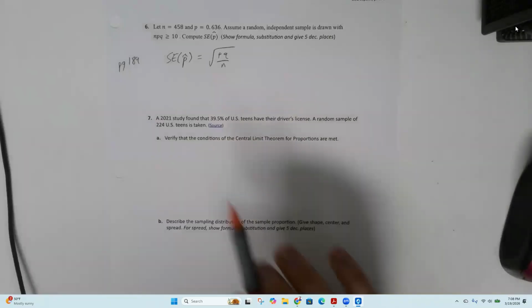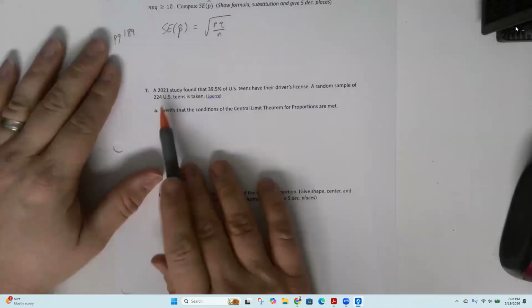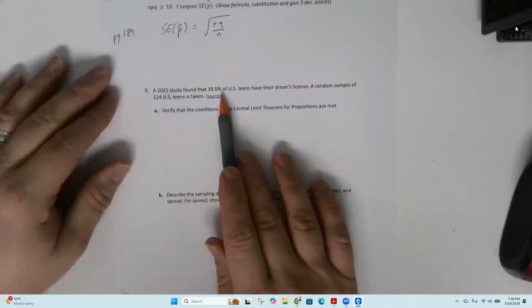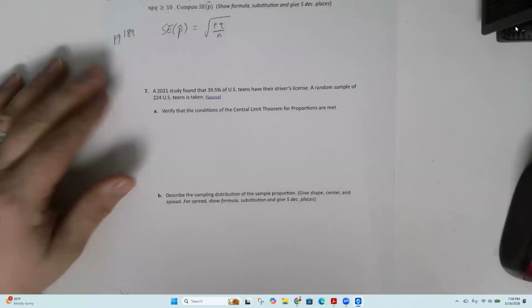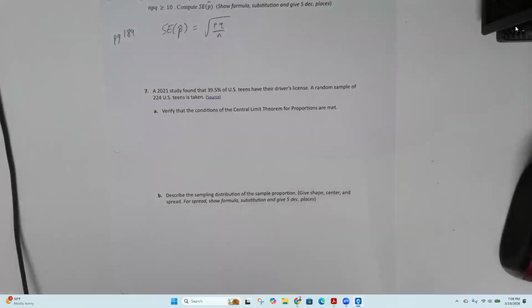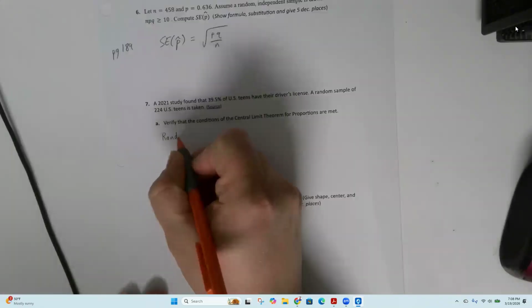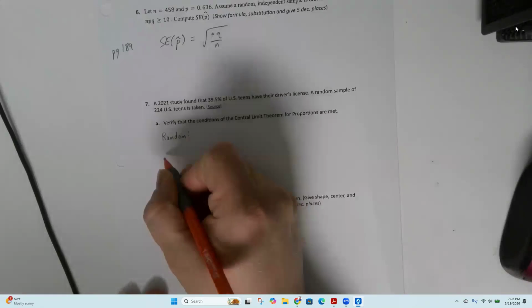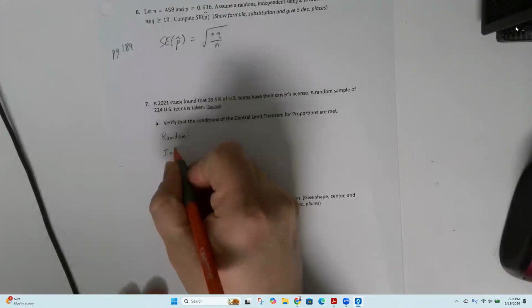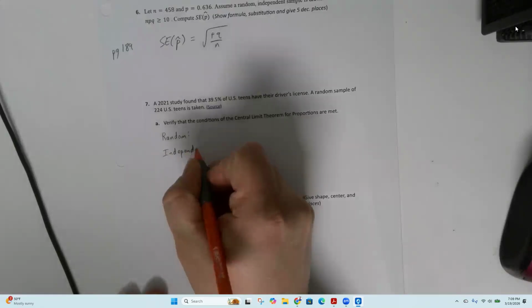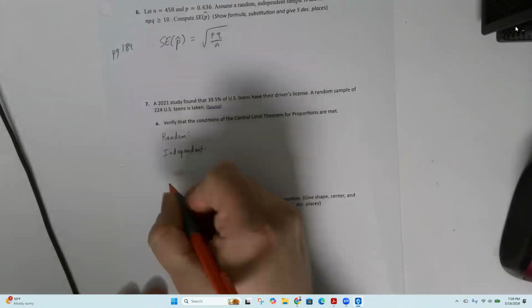So question 7, a study found 39.5% of US teens have their driver's license. A random sample of 224 US teens is taken. Verify that the conditions of the central limit theorem for proportions are met. So we still need to check and make sure that the sample is random, it is independent, and it is normal.